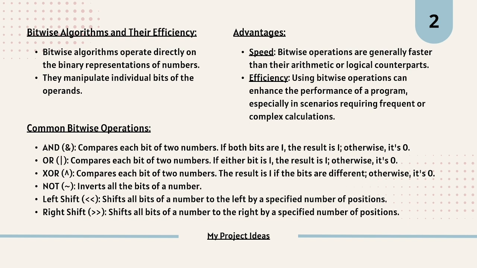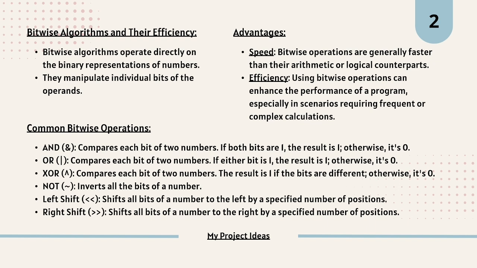Bitwise operations boost the performance of a program, especially in scenarios which require complex calculations. They improve the performance of your program because they reduce your time complexity and make your program execute faster. So it is basically efficient.